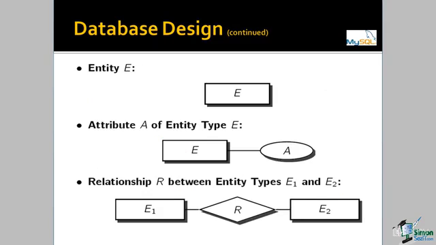So as an introduction of what we're going to see in the ER diagram, an entity is represented by a rectangle. It's going to have a name. An attribute is going to be attached to an entity, and it will have a unique name within that entity. For example, we could have two entities with the attribute name.